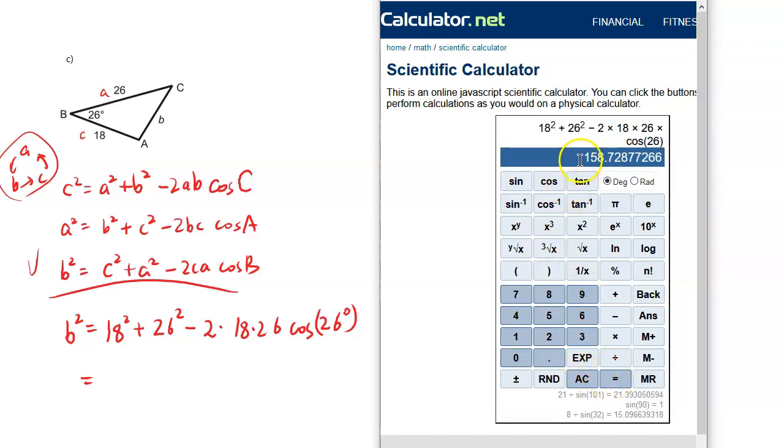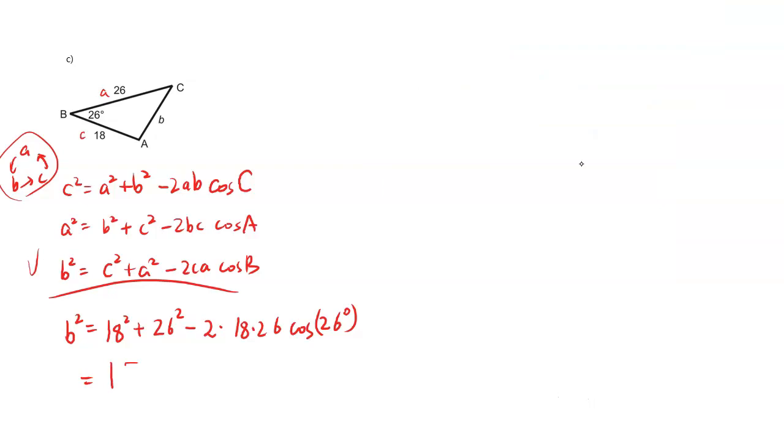Okay, that's 158.72. Let's write down 158.72. And finally, b would be the square root.